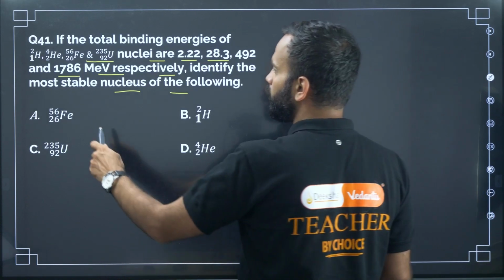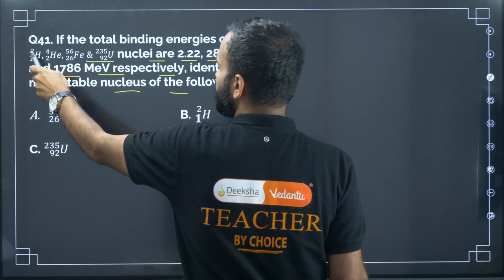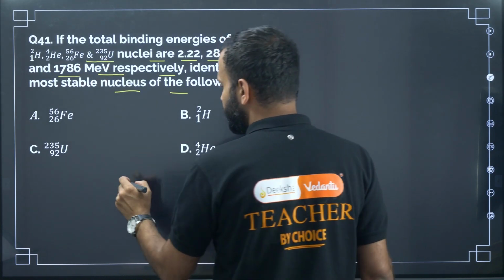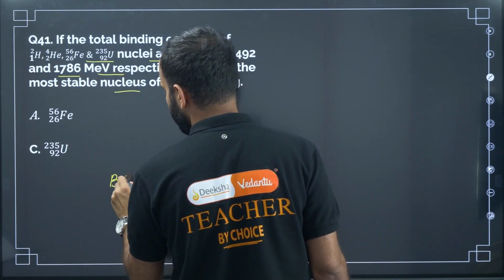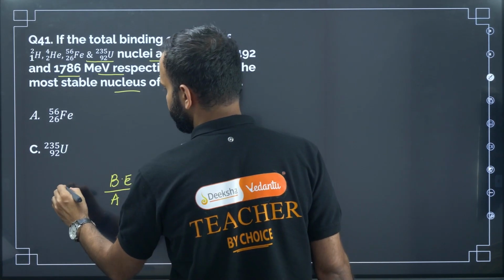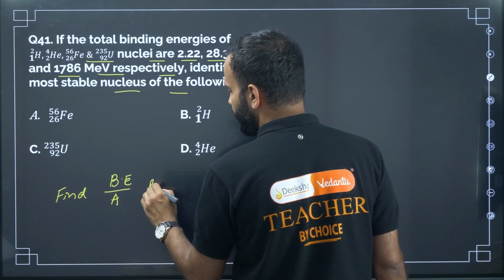The nucleon number for deuterium, helium, iron, and uranium 235 is 2, 4, 56, and 235. So find the binding energy per nucleon of each nucleus.